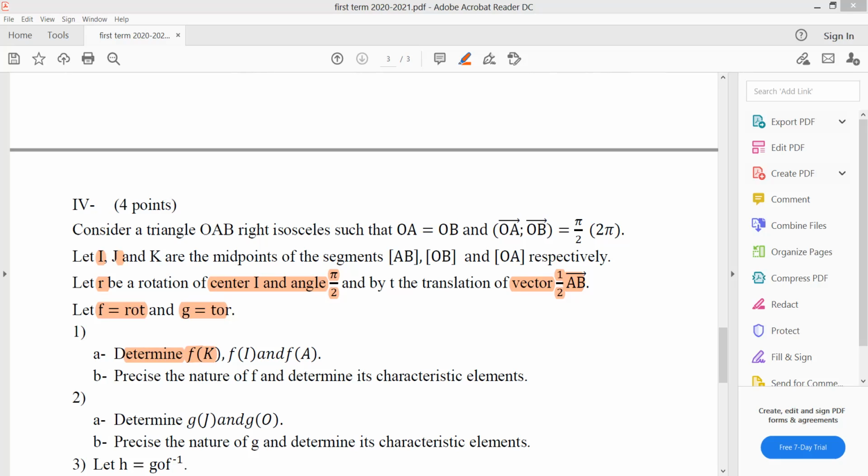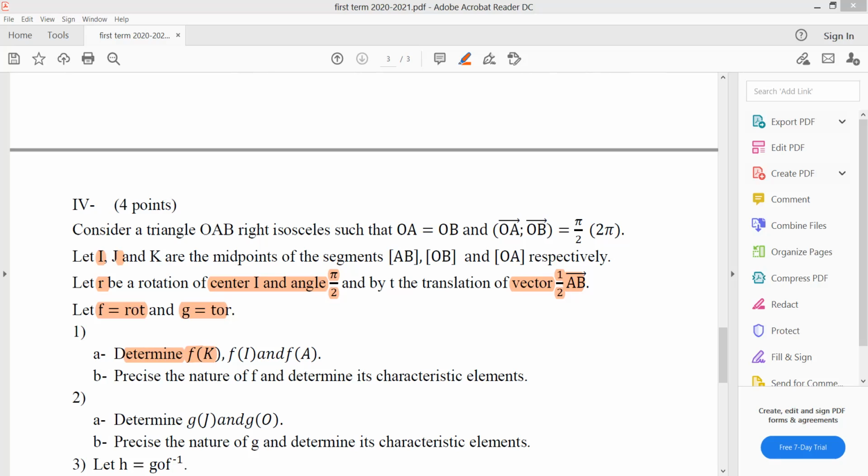So the rotation of j equals k, since Ij equals Ik and the angle (Ij, Ik) equals pi over 2. You know why OKIJ is a square: Ij equals Ik, and the angle equals pi over 2.